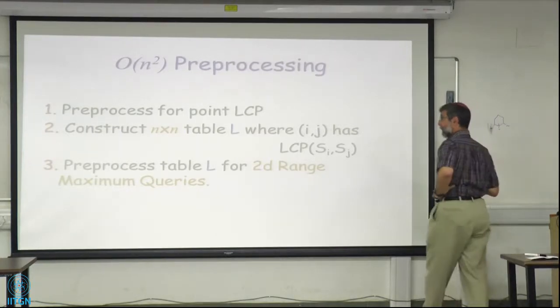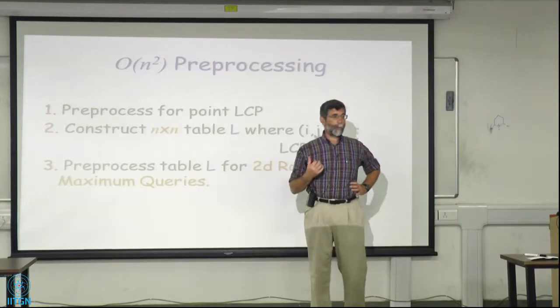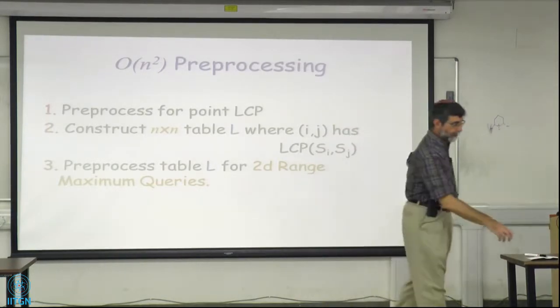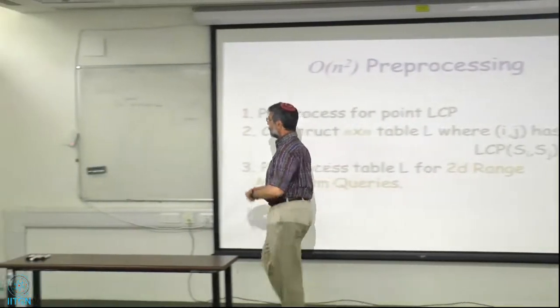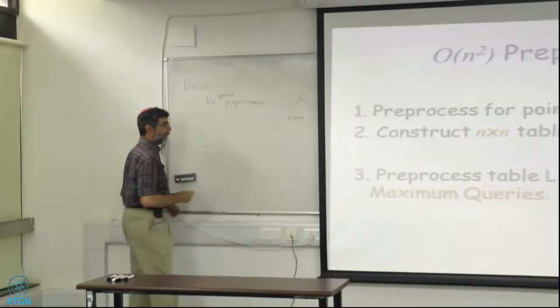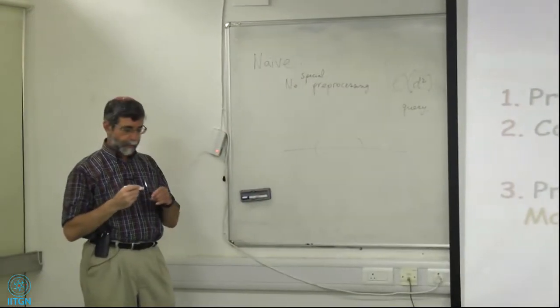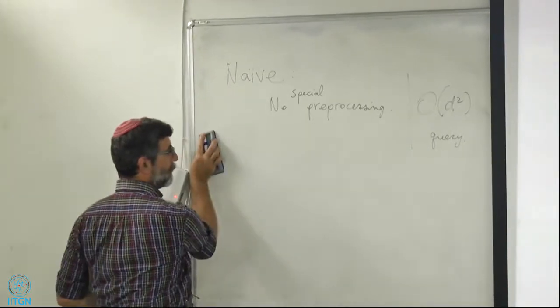Okay. Well, remember range minimum queries? What did range minimum queries say? They said that you can preprocess a string, and then when I give you a range, it gives you the minimum of that range. Well, what happens if I want to do it in 2 dimensions?